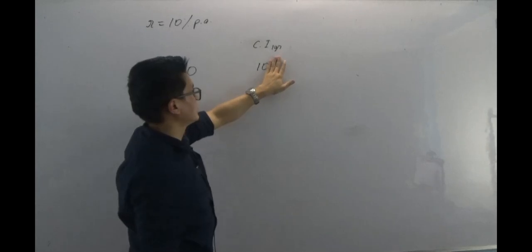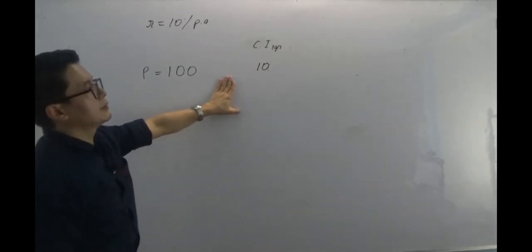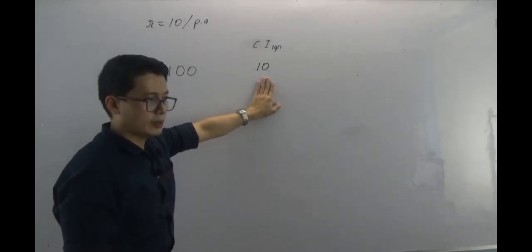I'm picking numbers easily: 100 is the principal, and the compound interest for 1 year is 10.